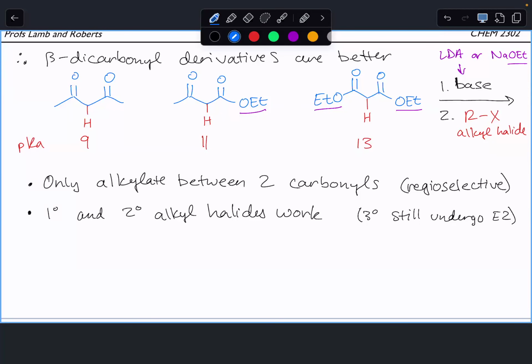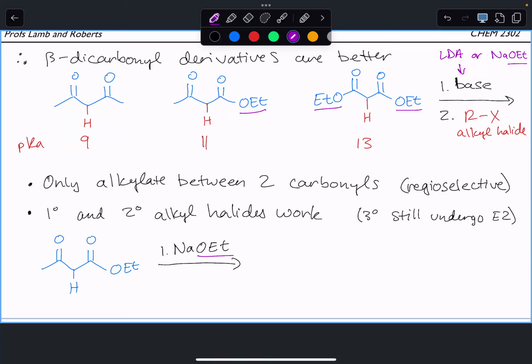All right, so let's just show an example. Okay, so here we have that beta-dicarbonyl. We've got that central alpha proton. First step, I'm going to use my sodium ethoxide, checking that my alkoxide matches my ester. Second step, I'm going to use a secondary alkyl halide.